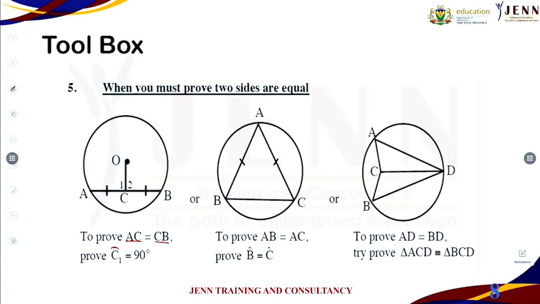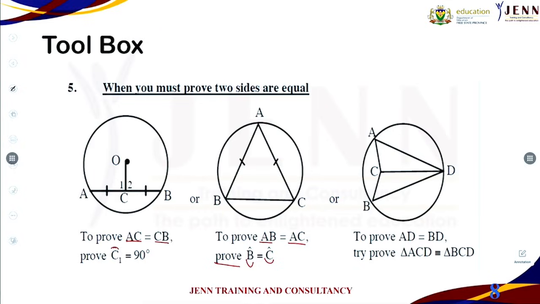And then to prove that AB is equal to AC, you must prove that angle B is equal to angle C.